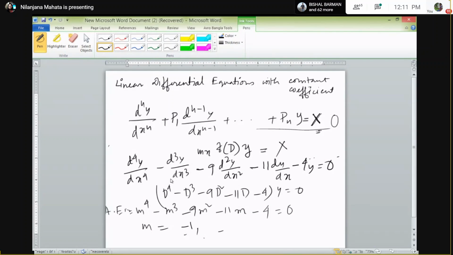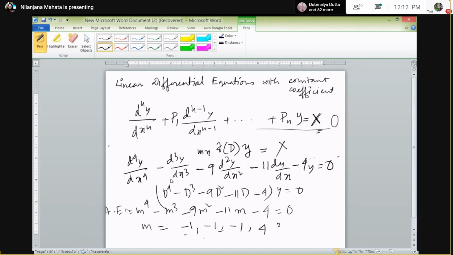Tell me. And this is a problem of repeated roots. And then you have got 4, this minus 4, right?